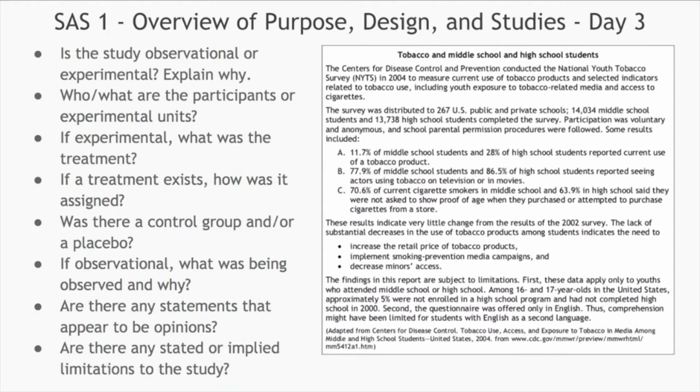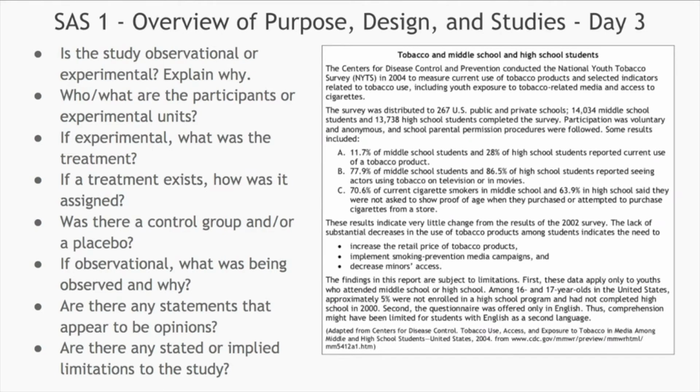These results indicate very little change from the results of a 2002 survey. The lack of substantial decreases in the use of tobacco products among students indicate the need to increase retail price of tobacco products, implement smoking prevention media campaigns, and decrease minors' access.